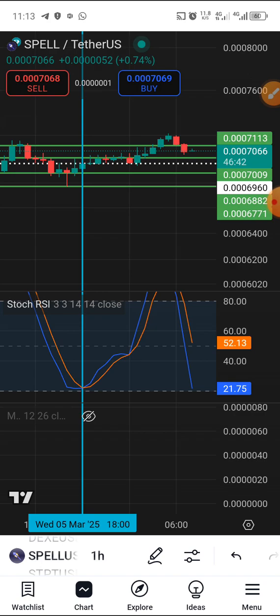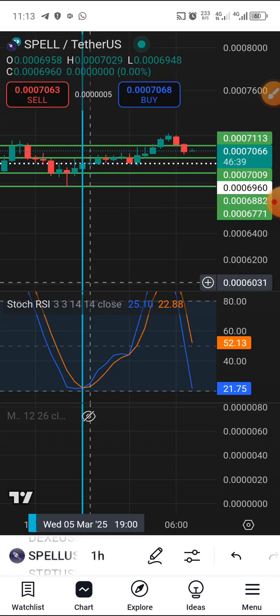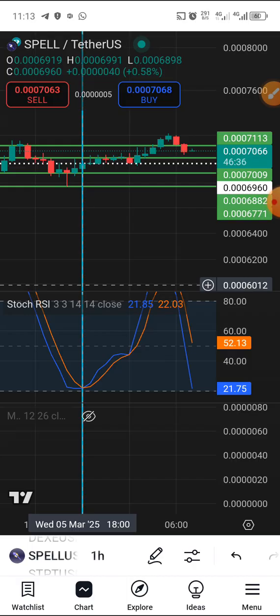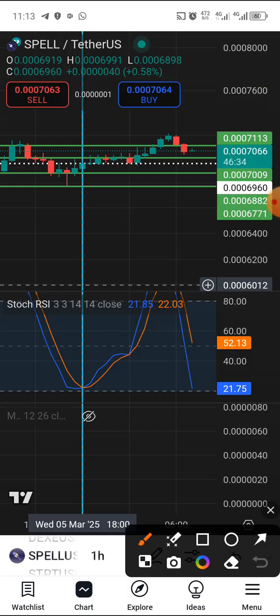Like in this case here, at that point the RSI is showing you that the signal line is on 21.85, meaning it is just 1 point away from the oversold area, meaning there are still high chances of buyers coming into the market, because this coin is still in this region under the discount.